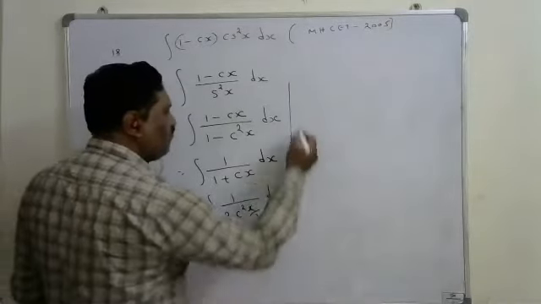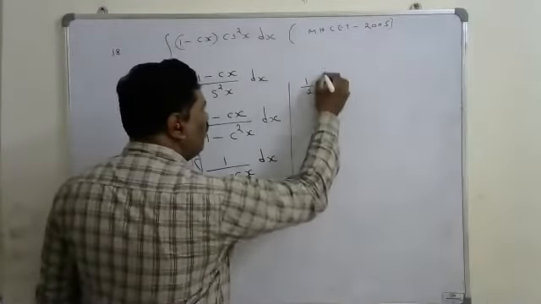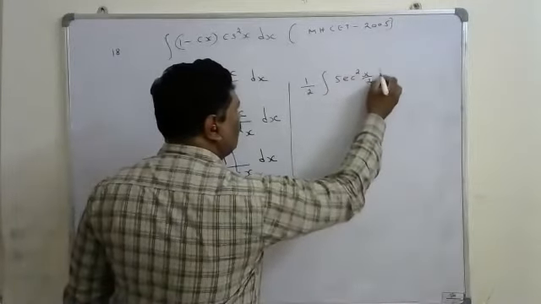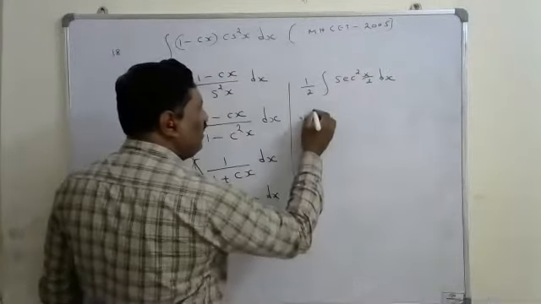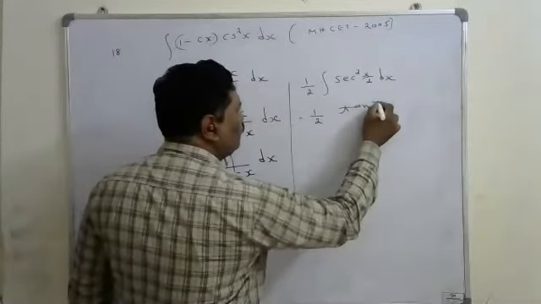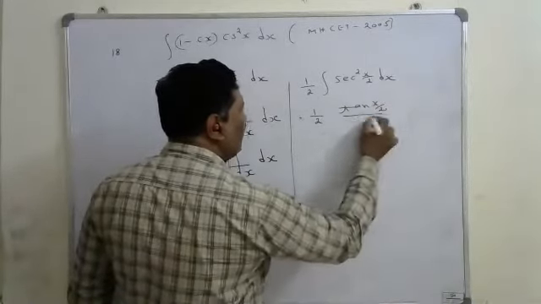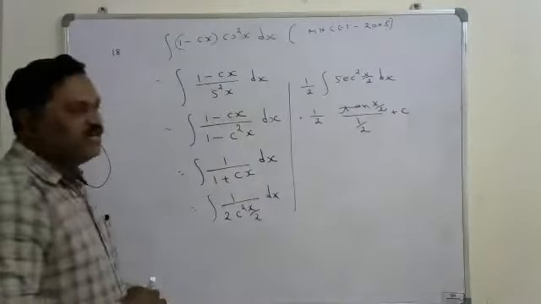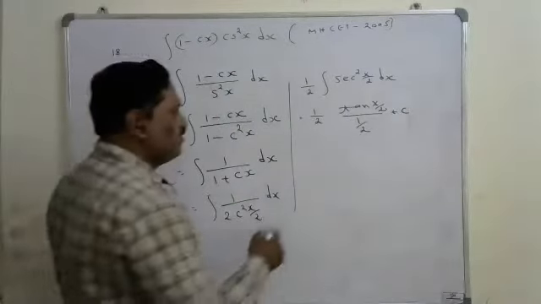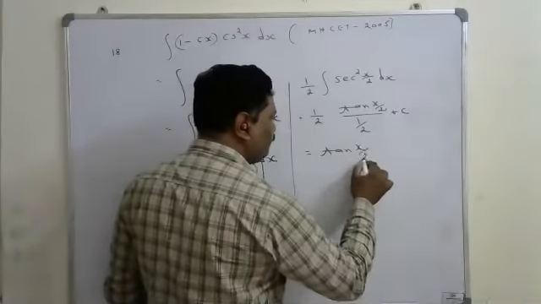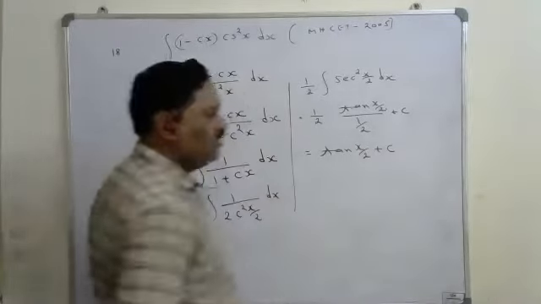Therefore, 1 by 2 is a constant, and the integral of 1 by cos square, that is secant square x by 2 dx. Then 1 by 2 into the integral of secant square x by 2 is tan x by 2, and where the x coefficient is 1 by 2, so we have to divide by 1 by 2, plus c. That 1 by 2 and 1 by 2 get cancelled, then the answer is tan x by 2 plus c. This is the answer. Okay, write it down.